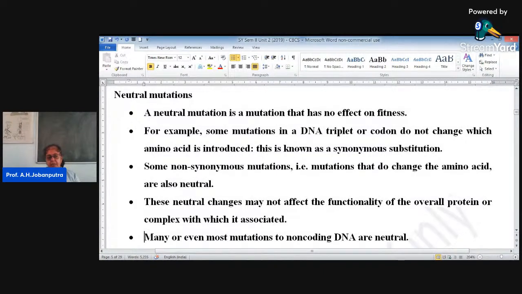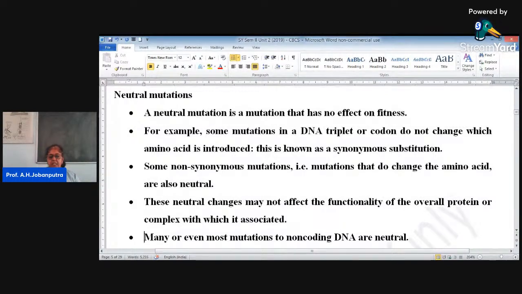So if there is a mutation such that the other codon which is formed also codes for the same amino acid, then you can say that there is no change in the amino acid. आणि अशा म्युटेशनला आपण सिनॉनिमस सबस्टिट्यूशन असं म्हणत असतो.